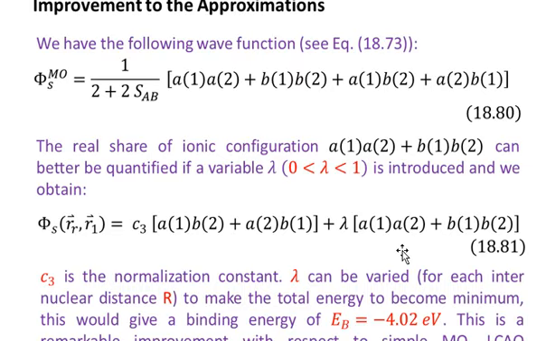And then we have the term with lambda, in which particle 1 and particle 2 are either both with nucleus A, or both with nucleus B. This is the term that contributes ionic contributions, so I have multiplied this term with lambda. Now we have two parts, one containing the coefficient C3, the other containing the coefficient lambda. And we have to optimize the value of lambda to find the minimum energy.